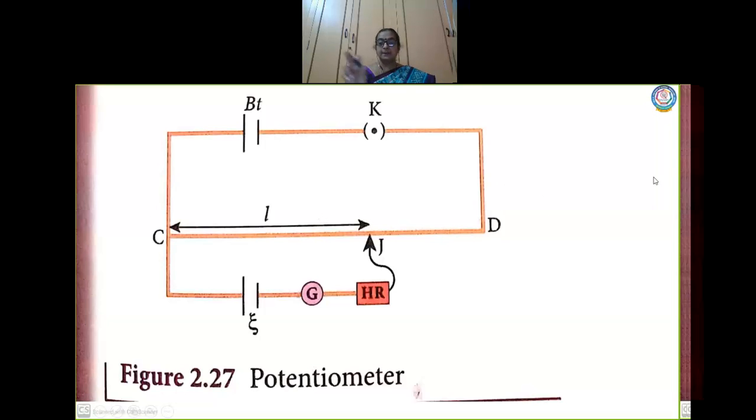It looks like a board with many wires. Each wire has a length of 1 meter. So you have 10 segments, and all these wires are connected with copper strips. It is a 10-meter long wire of manganese or constantan, arranged in 10 segments on a wooden board.